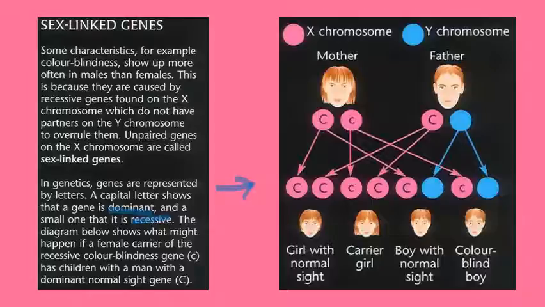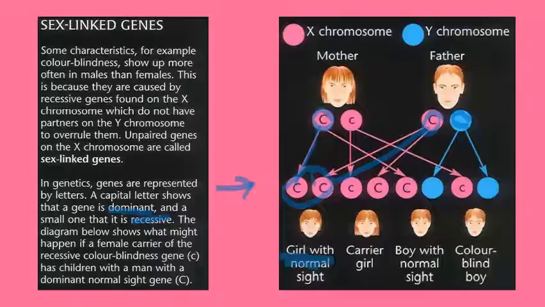So the X chromosome is pink and the Y chromosome is blue. So if the mom gives her first chromosome to her kid and the dad gives his to his kid, then the girl has normal sight because that big C means dominant normal sight.